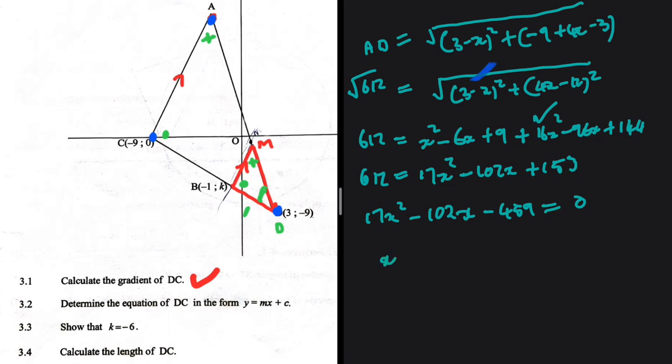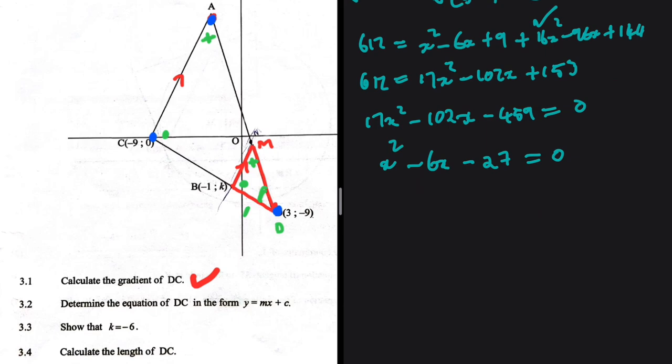So we have x squared (102 divided by 17) minus 6x (459 divided by 17) minus 27 being equal to 0. Factors of 27: 9, 18, 27, 9 and 3.